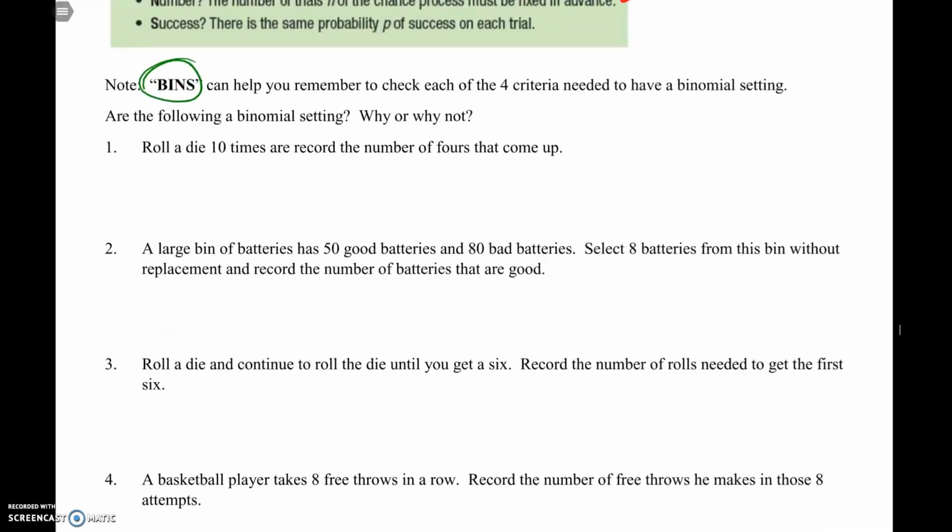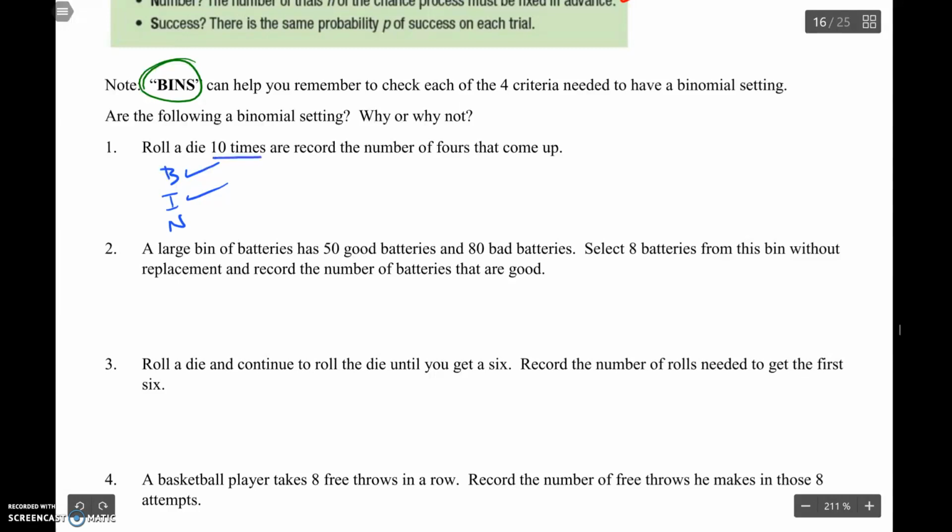Are the following a binomial setting? Yes or no? Roll a die 10 times, record the number of 4s that come up. So BINS, binary. Either we get a 4 or we don't get a 4. So that checks. Independent. Whatever I get on the first roll shouldn't affect what I get on the second roll. We're good. N, number of trials is constant.